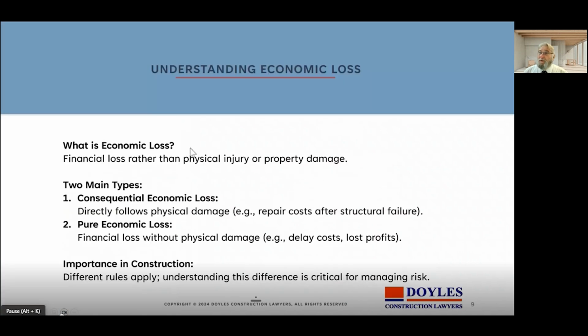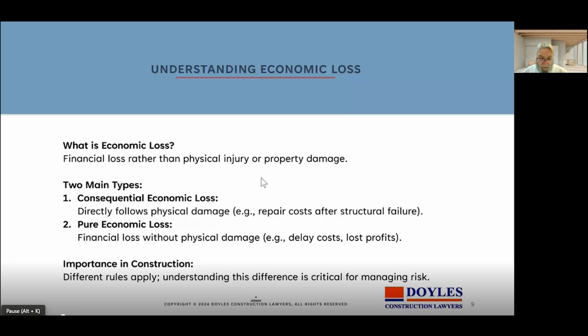The other aspect is what is economic loss. It's financial loss rather than physical injury or property damage. The law is fairly responsive if you get a physical injury in finding a remedy for you, but if you just lost money on the stock market, then they're not really interested in finding a villain. Property damage is a bit more basic and classic.